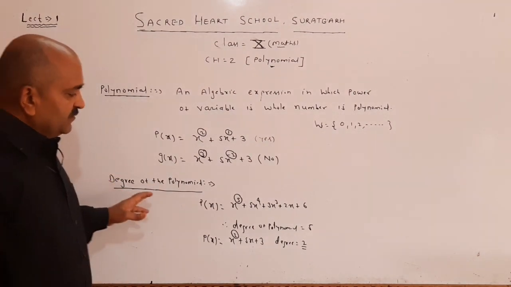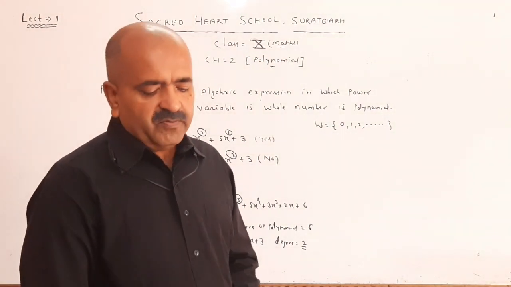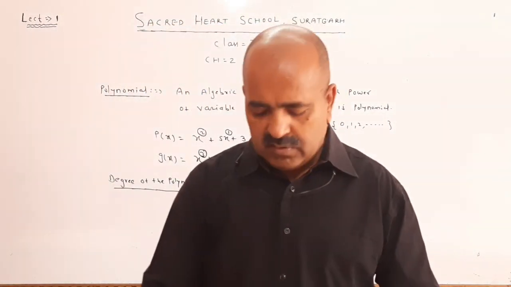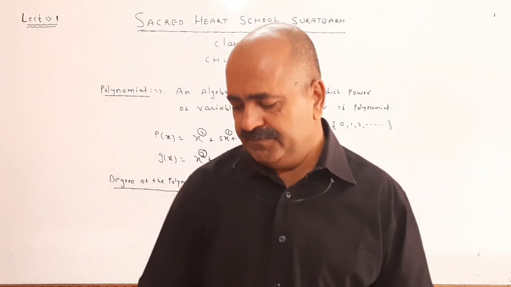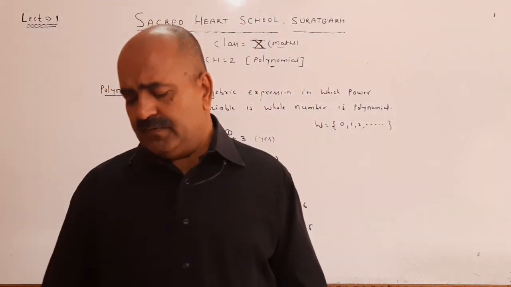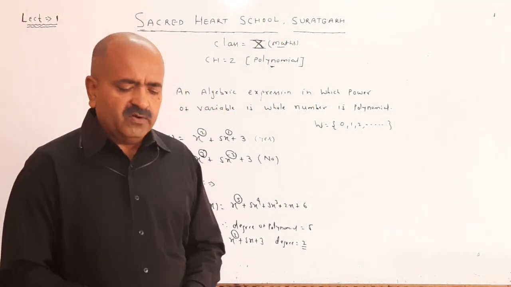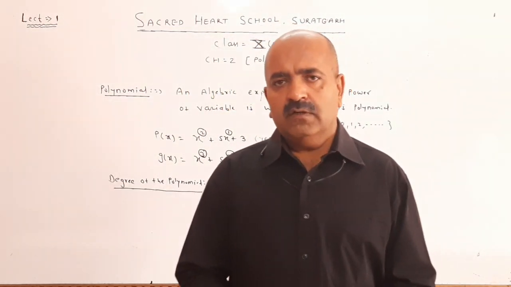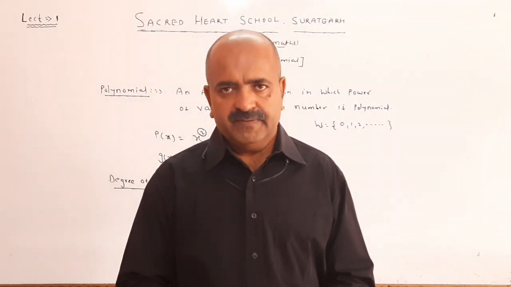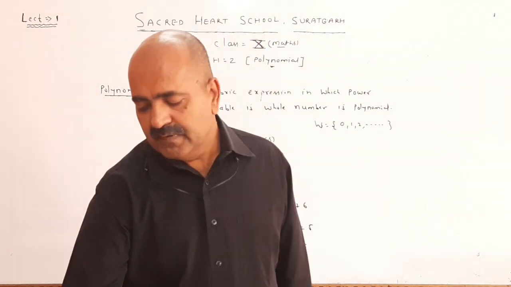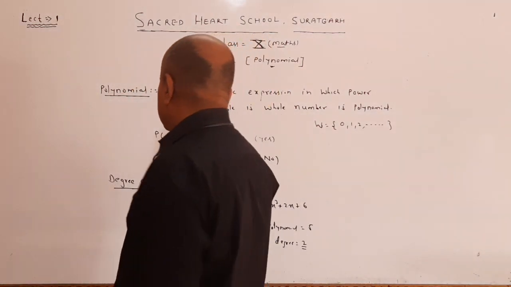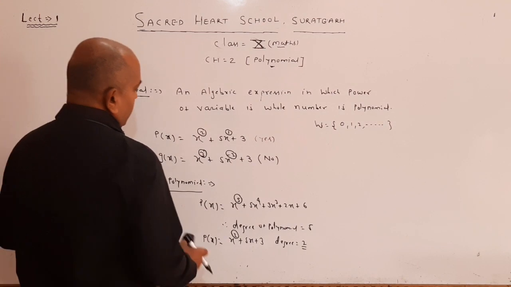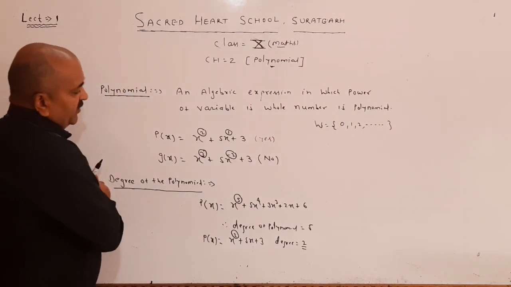Now students, after the degree of the polynomial, we discuss types of the polynomial. Students, there are many types of polynomial, but in our syllabus we discuss only 3 types. Number 1, linear polynomial. Number 2, quadratic polynomial.